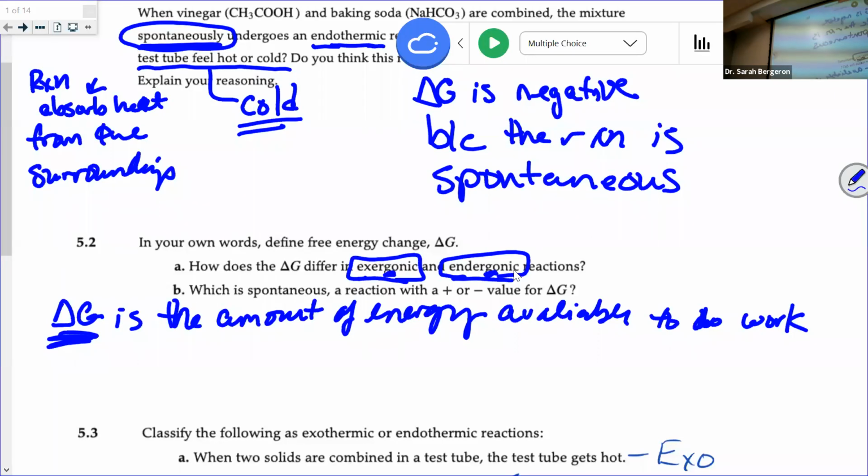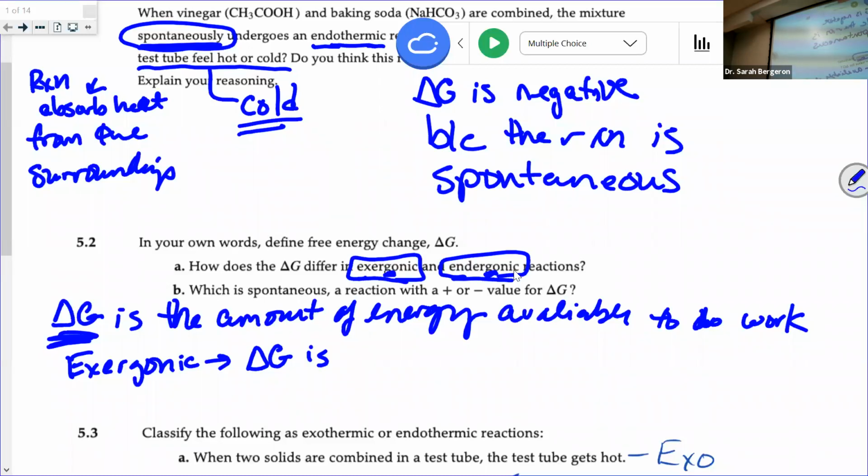Okay, so A, how does delta G differ in exergonic and endergonic reactions? So if we are exergonic, anybody want to take a stab? Are we going to talk about heat here? Nope, can't talk about heat. We have to talk about delta G. So delta G is what?